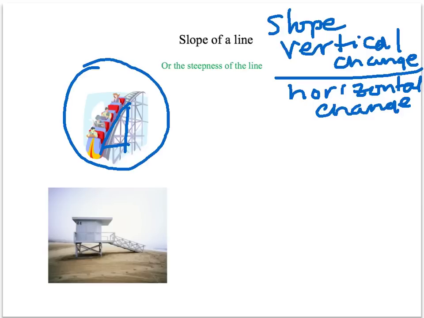The slope is a ratio of the vertical change over the horizontal change. So the slope is a ratio.